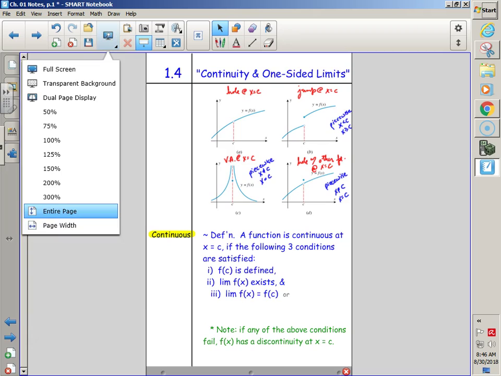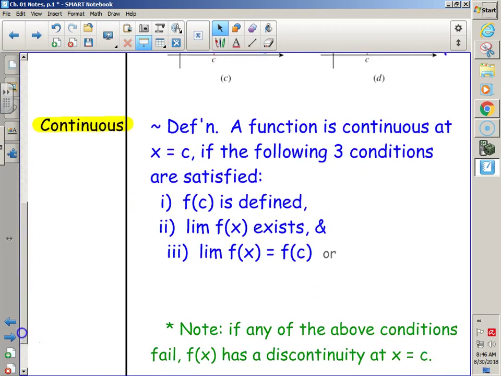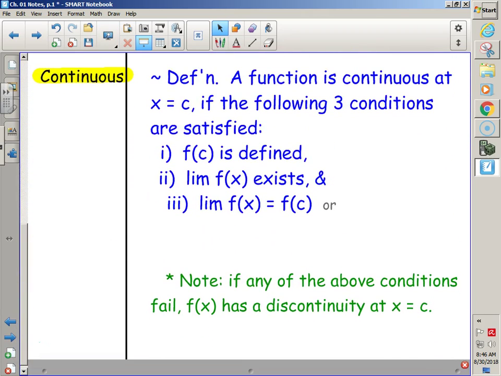Let me give you a second to write down the definition of continuous, which in the back I put underneath our section. The major topic of this entire section is the definition of continuous. Knowing what it is and how to use it and how to prove with it. A function is continuous at x equals c if all 3 of the following conditions are met or satisfied.